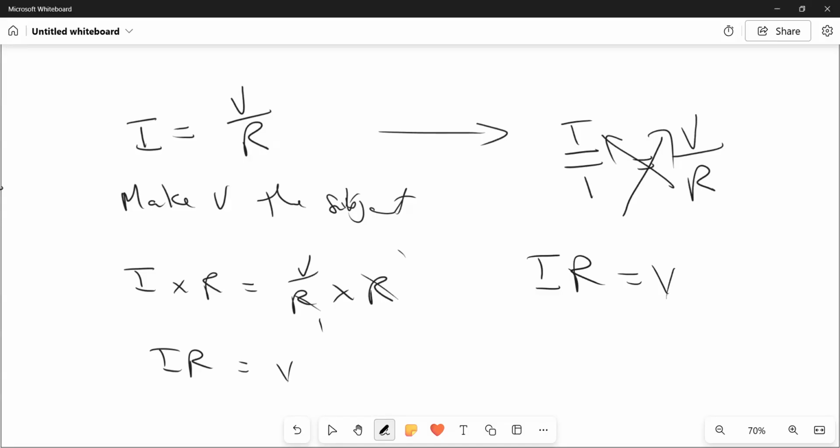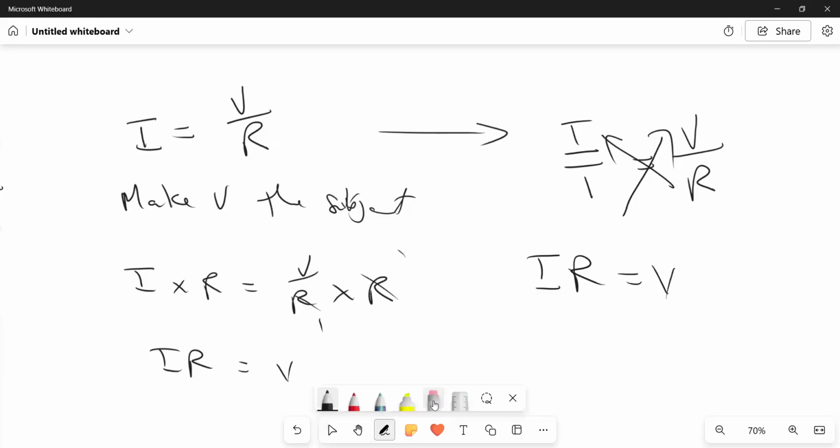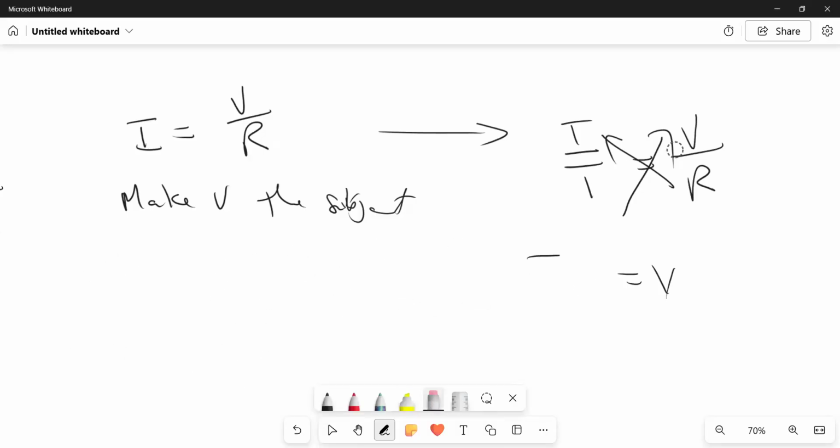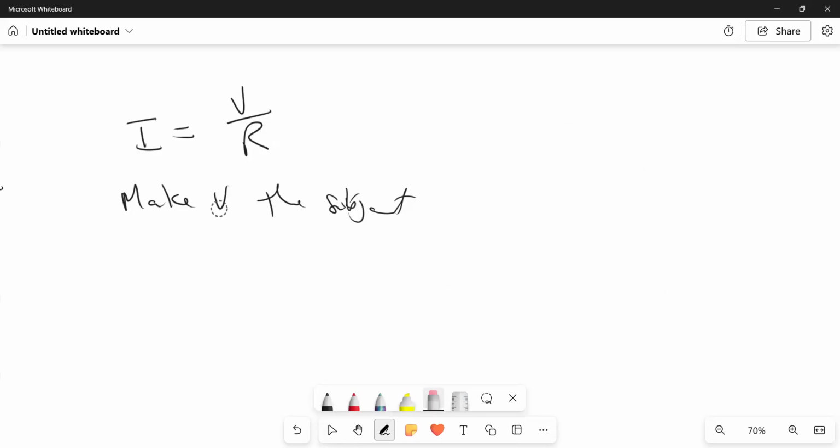What about if they say instead of making V, let's say they say make R the subject. R the subject. Well, a clever thing to do is what we said earlier.